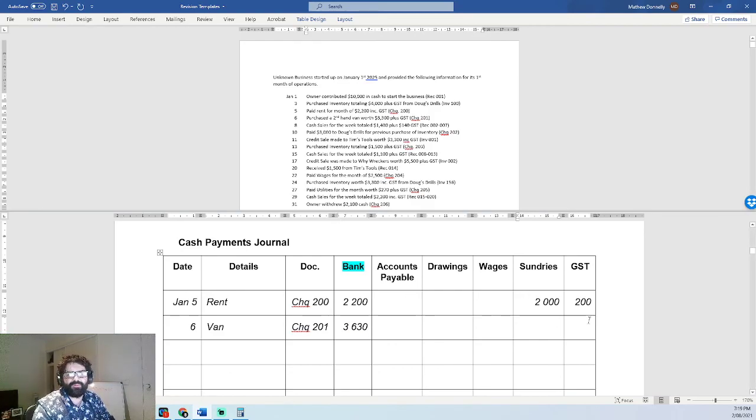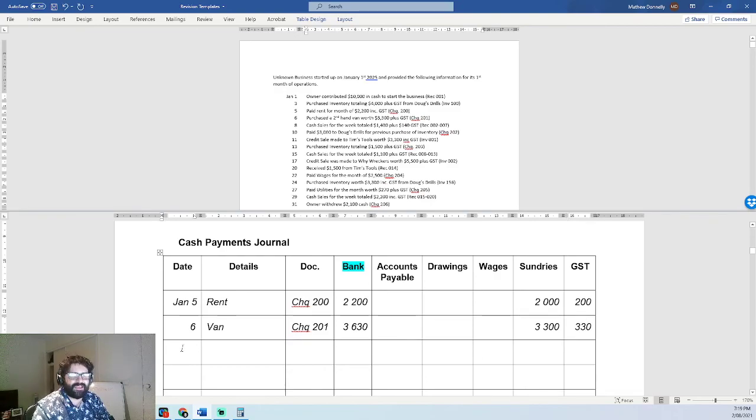Before that we'll put the non-GST amount, 3,300. And the GST, 10% of that is 330. So the van is worth 3,300. That will go in our balance sheet. Meanwhile, the GST would go down.